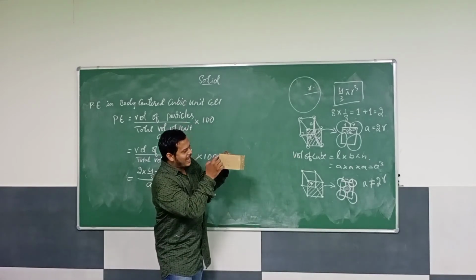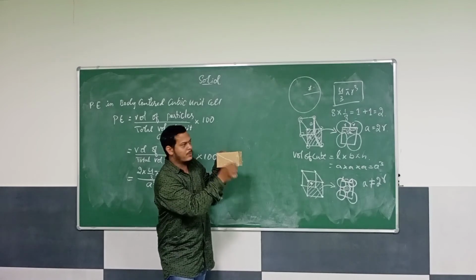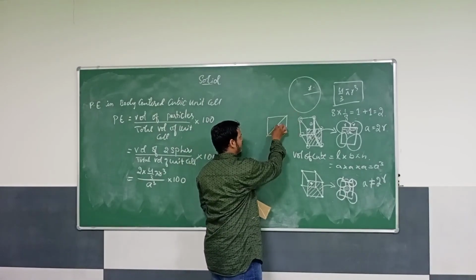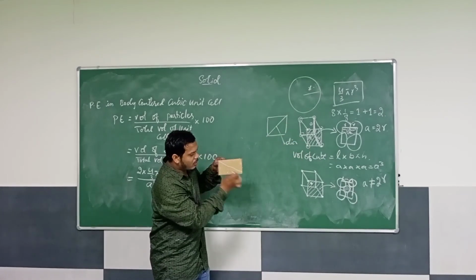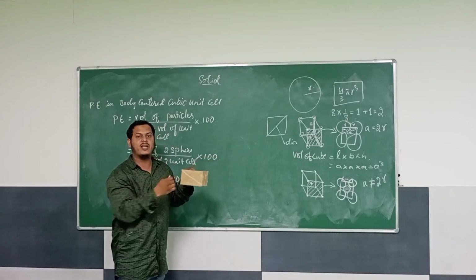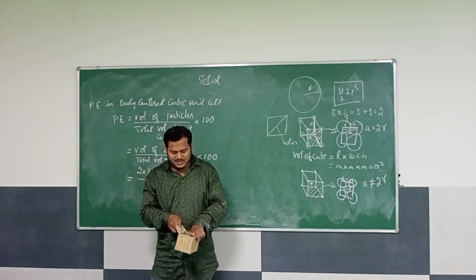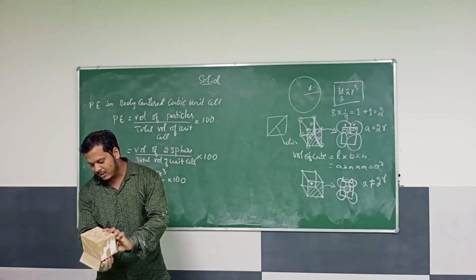So if I draw a line like this, it becomes my diagonal. Yes or no? You take a square and draw a line. This is known as what? Diagonal. Because I am drawing a line on a face, it becomes a face diagonal. So if it is a face diagonal, then what is my body diagonal?